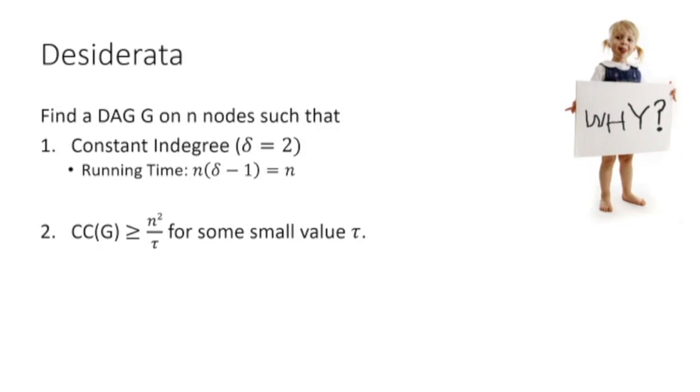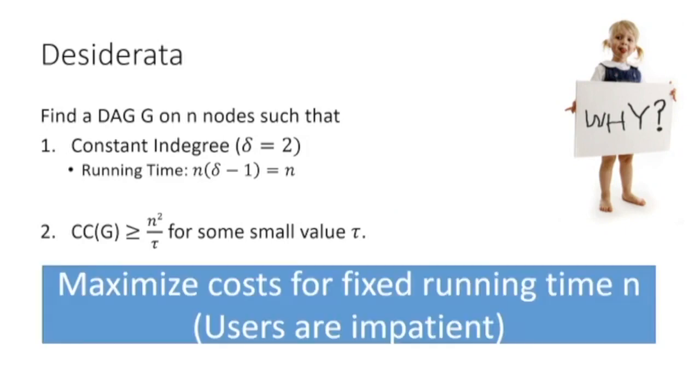And then I also want to make sure that the cumulative cost of pebbling this graph G is at least n squared divided by tau, for some value tau that hopefully is as small as possible. Now, why do I want to make sure that cumulative cost is high? Well, here note that n denotes running time. Users are impatient, so we're kind of constrained.